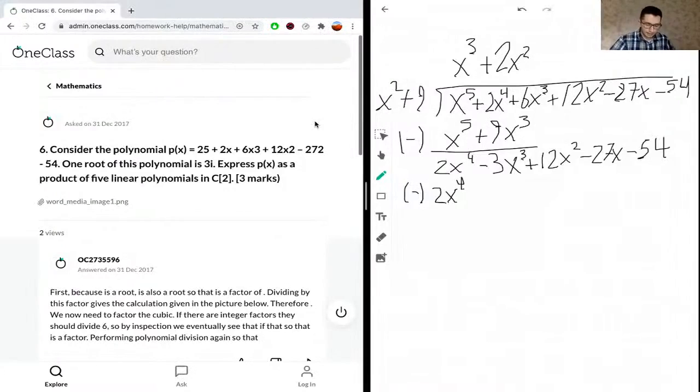And then 9 times 2x squared will give us 18x squared. And then we just subtract these two polynomials. So we know we get 0 in the beginning, and then we're left with negative. I'll write this over so we get 0 for these two.